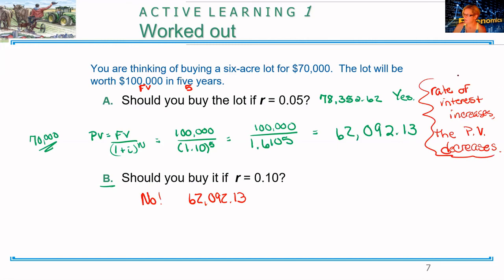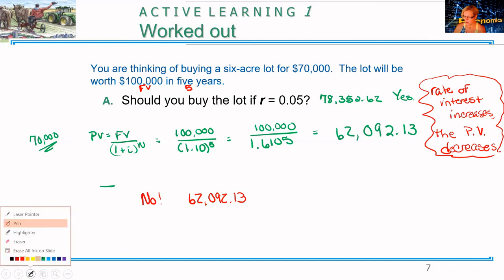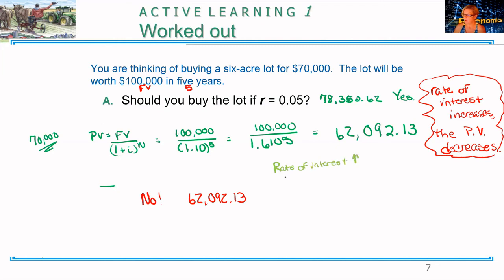And because the present value and future value are reciprocals of each other, we can also state with clarity that as the rate of interest increases, and we would be calculating future value here, the future value increases. Okay, so those are two takeaways from this particular scenario.